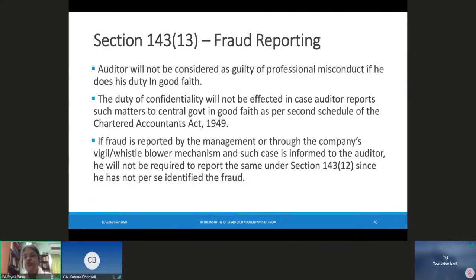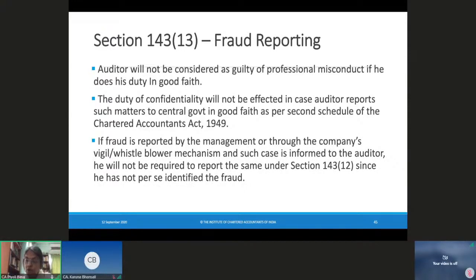One has to prove that in spite of all the effort, like payoffs which are not in kind, which we could not detect in spite of our best effort, a fraud has happened. If it is later proven or identified by a whistleblower through the whistleblower mechanism, and if we can present our case properly, it will be considered under section 143 subsection 13.